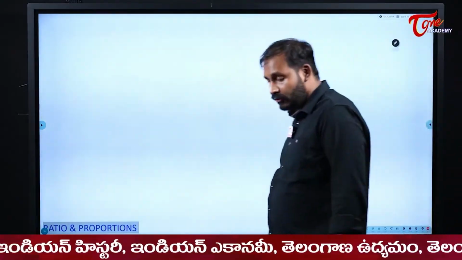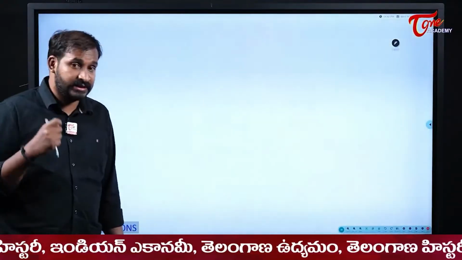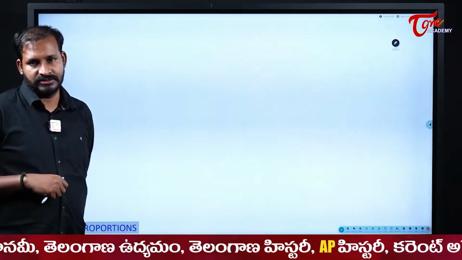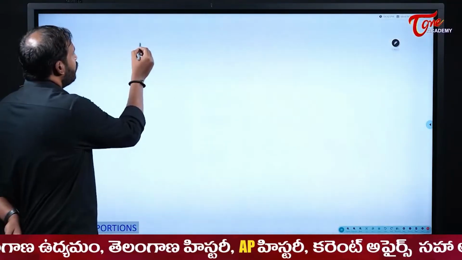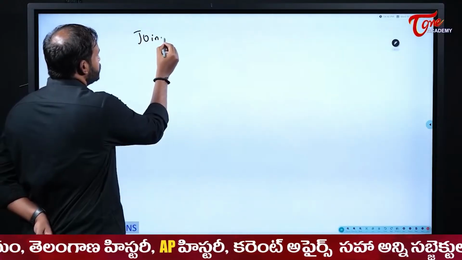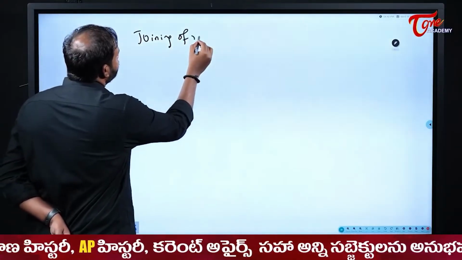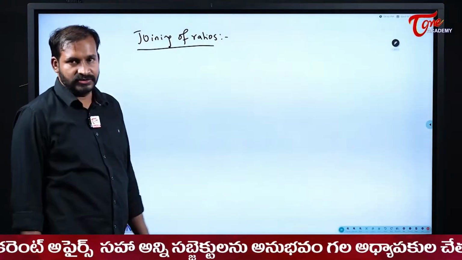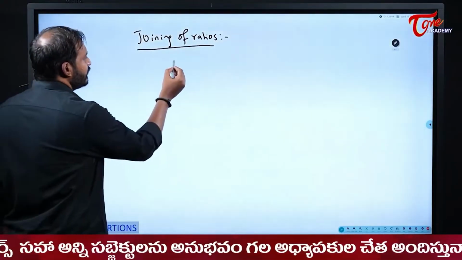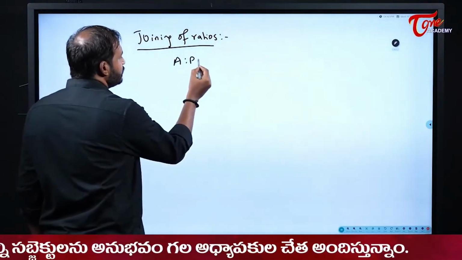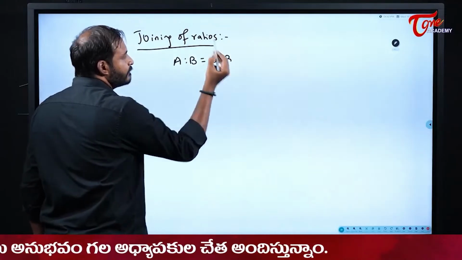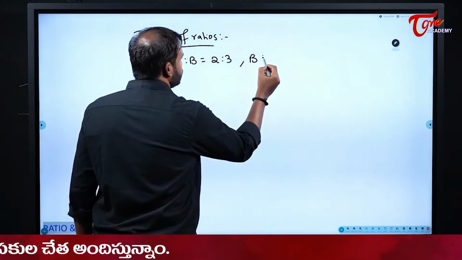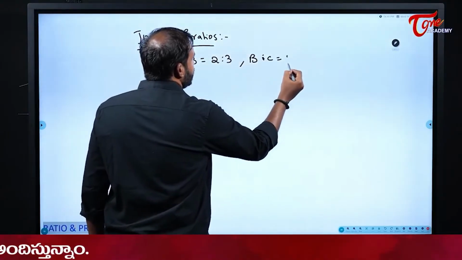Okay. Now in this ratios concept, we have a concept called joining of the ratios. We should know how we will join the ratios. See here, for example, if I have A is to B as 2 is to 3, and similarly B is to C as 3 is to 4.